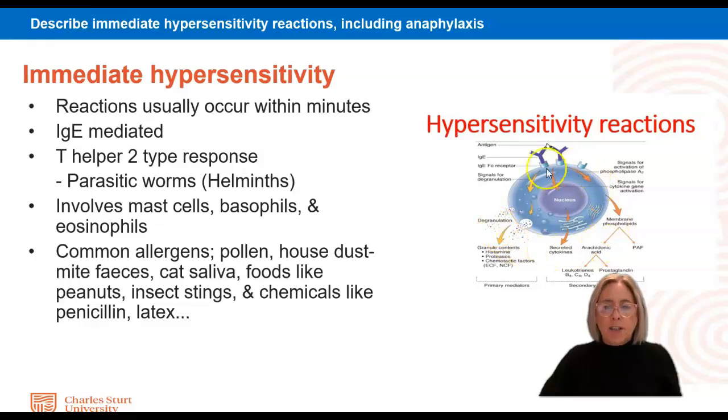So inside this mast cell, there are granules, and these granules contain chemicals such as histamine, enzymes such as proteases, and also chemotactic factors. So when this mast cell degranulates, it's going to release its granules, so release those chemicals, right?